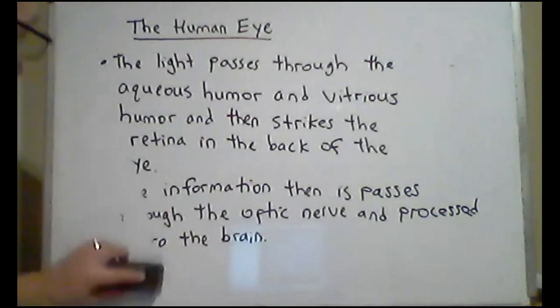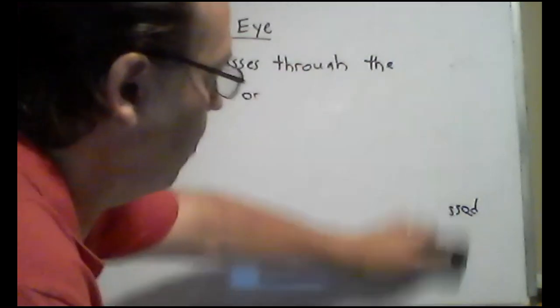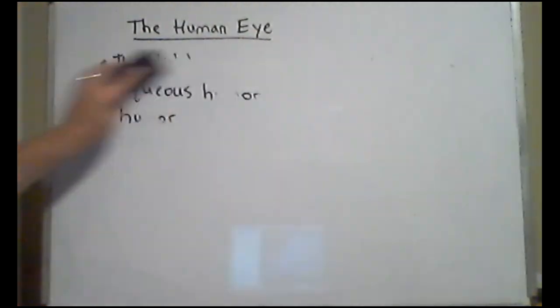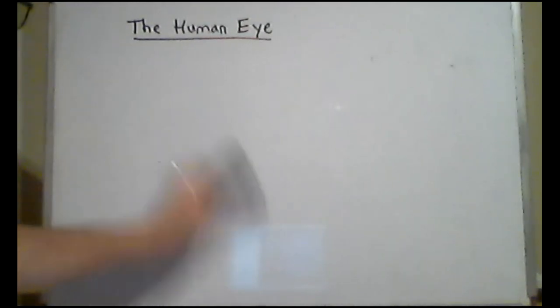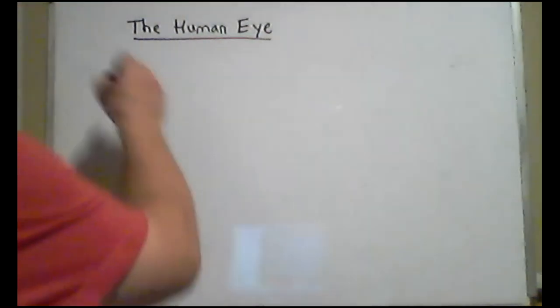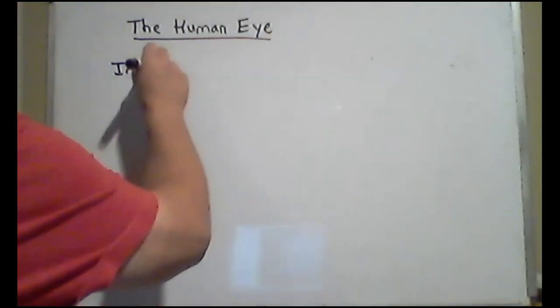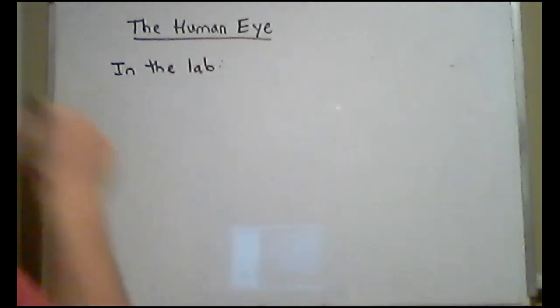Now, interestingly enough, the human eye works differently than how we would set up an optics experiment in a lab. In the lab, you might do the following.